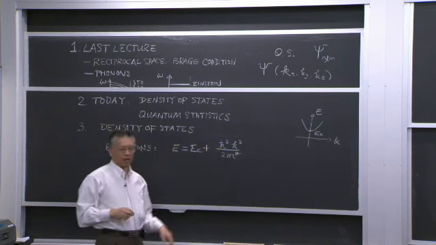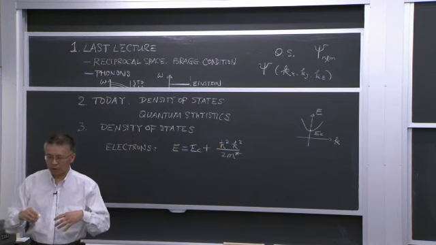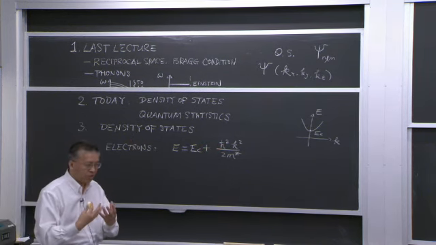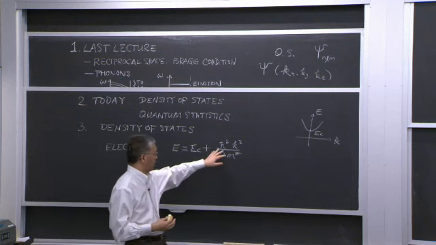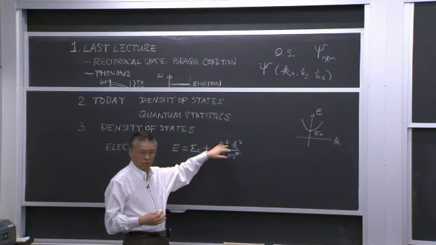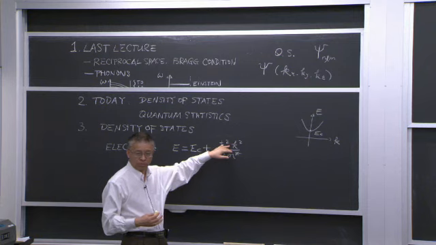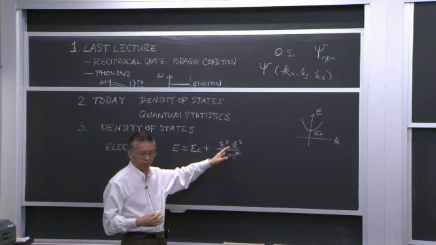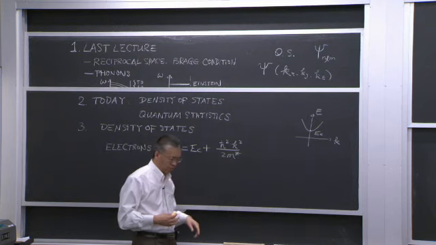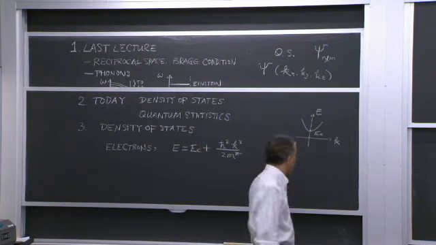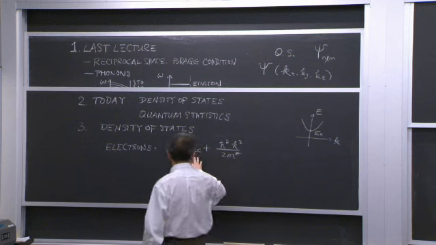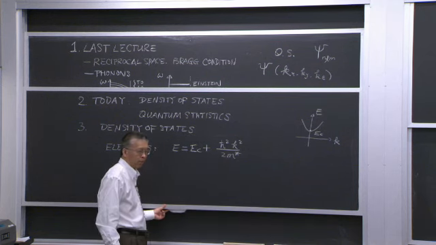Under this effective mass concept, it's really just like one half m v squared, because h bar k gives me momentum p, divided by mass gives me velocity, right? So that's the parabolic band approximation.